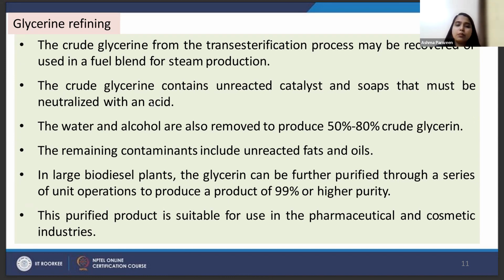The remaining contaminants present in the glycerin are the unreacted fats and oils which need to be removed. So if there is a large biodiesel plant, then glycerin is further purified through a series of steps to produce 99% or higher purity glycerin.